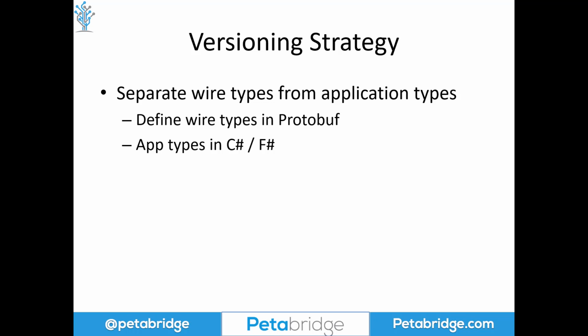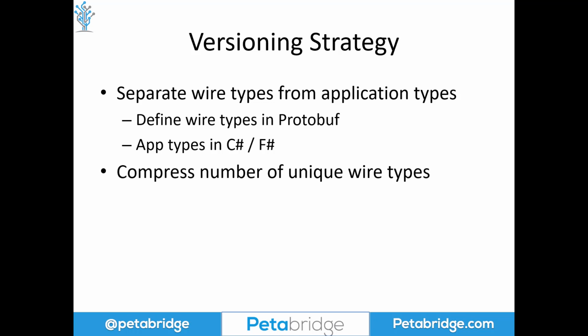Good example, decorating your types with interfaces is something you would have a very difficult time doing since Protobuf doesn't inherently support that. So that's why I typically have two discrete types, and there's a translation layer we're going to build between them.